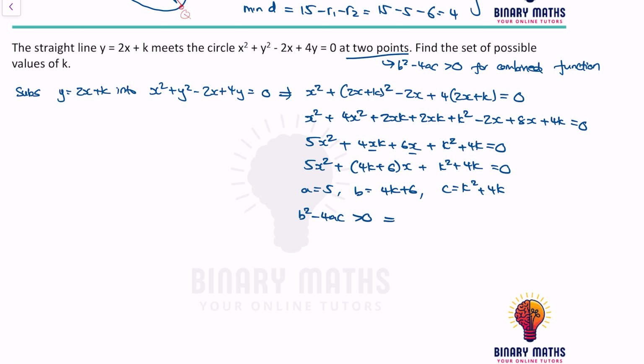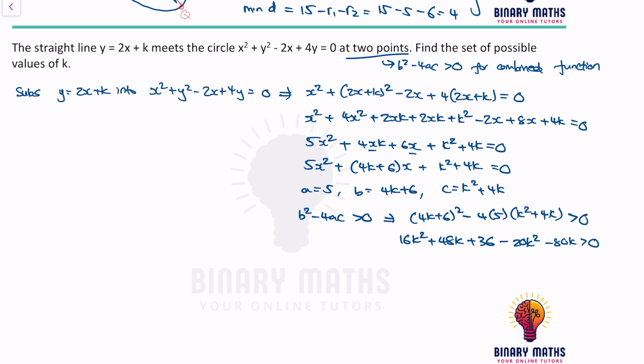Now, we already said that b squared minus 4ac must be greater than 0, because it meets at 2 points, which means (4k plus 6) squared minus 4 times 5 times (k squared plus 4k) must be greater than 0. If I expand the first bracket, I get 16k squared plus 24k, which gives me 48k, plus 36. 4 times 5 times k squared gives me minus 20k squared. 4 times 5 times 4k gives me take away 80k is greater than 0.